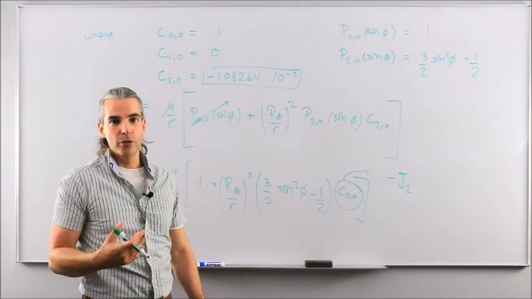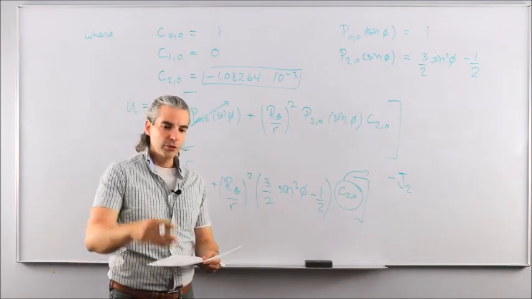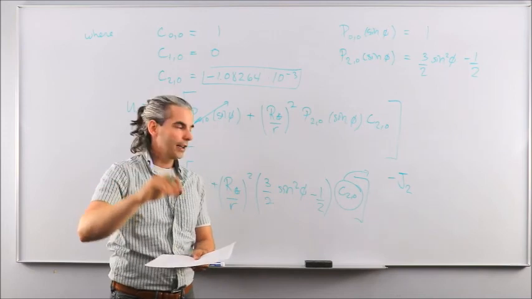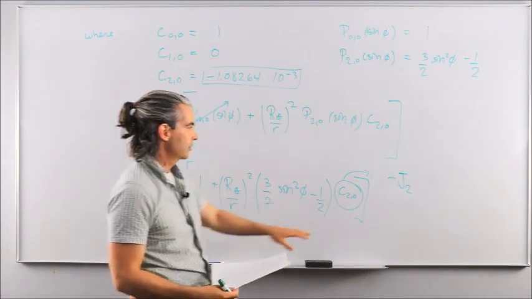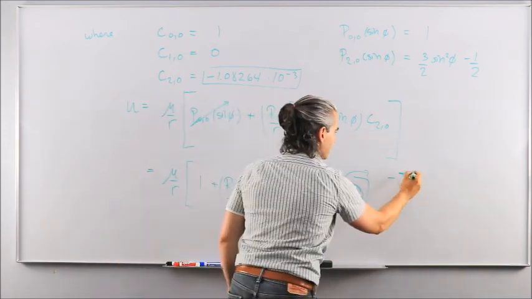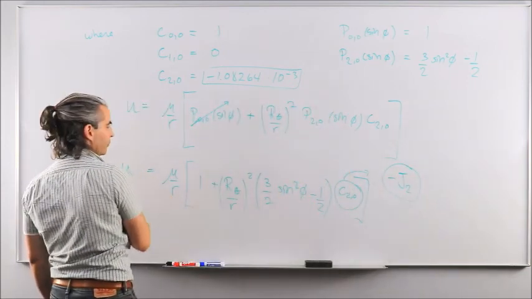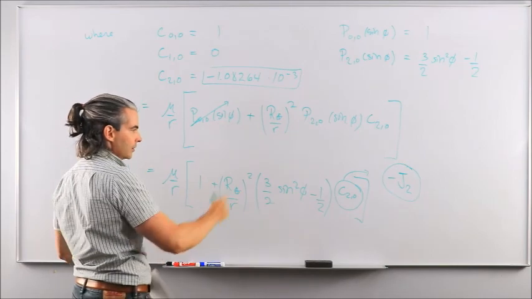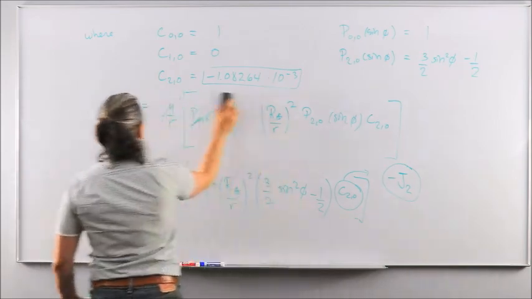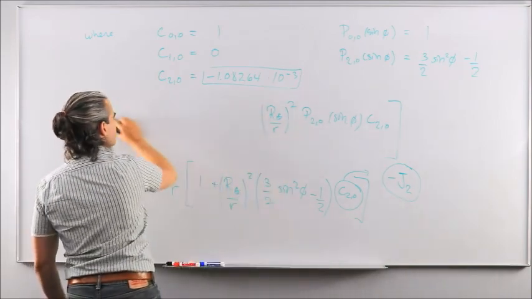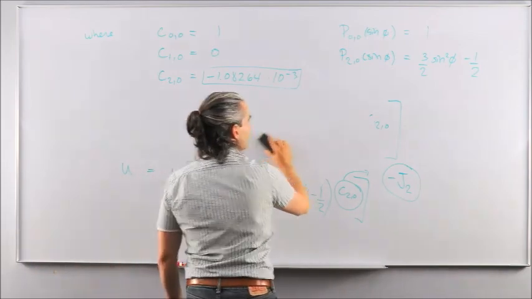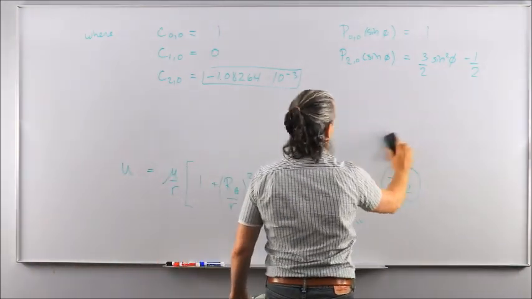So the J2 perturbation is the contribution of the Earth oblateness effect onto the gravitational attraction, okay? Because of this factor that remains inside our geopotential function at the end of the day. So this is what J2 is, okay? Gravitational perturbation due to a non-spherical primary body.